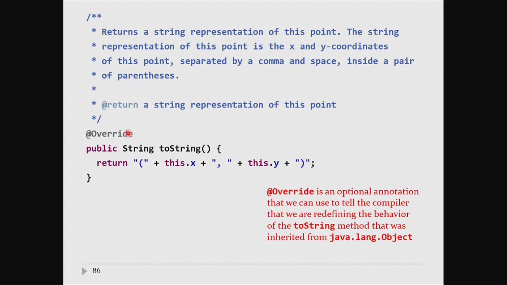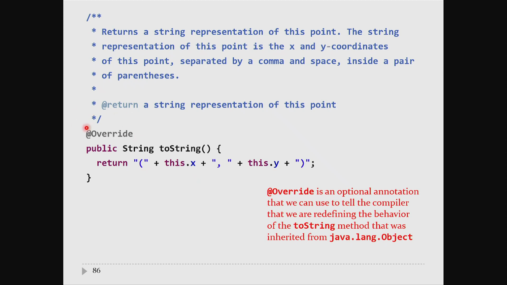You've got this funny @Override sitting up here. Anything that begins with an @ in Java is an annotation. An annotation modifies the thing that it's in front of, so this annotation modifies the method called toString in some way. Some other tool is able to read the annotation and decide what it means.